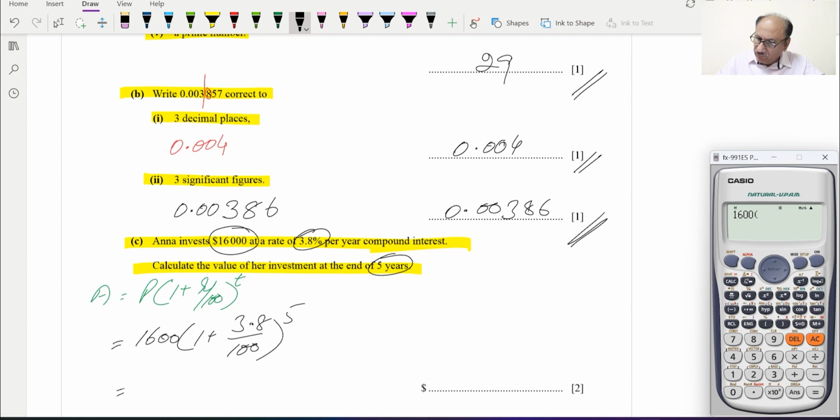1600 into 1 plus 3.8 over 100, raised to the power 5 is equal to 1927.